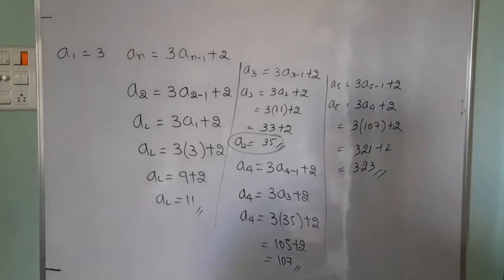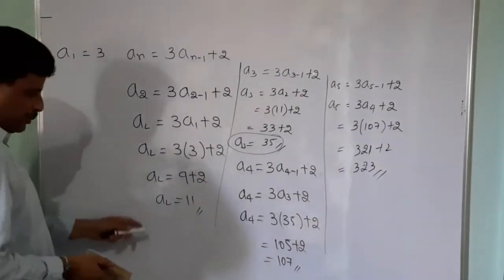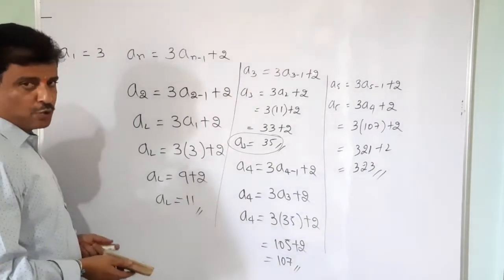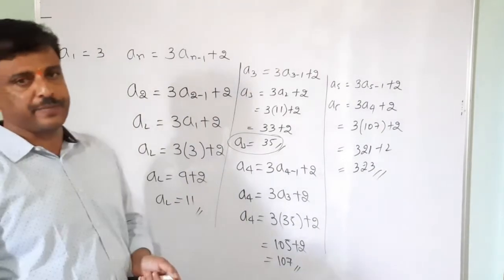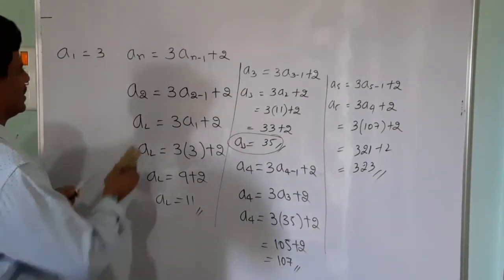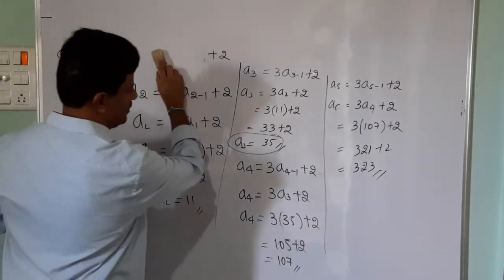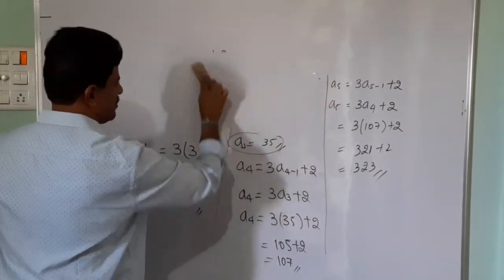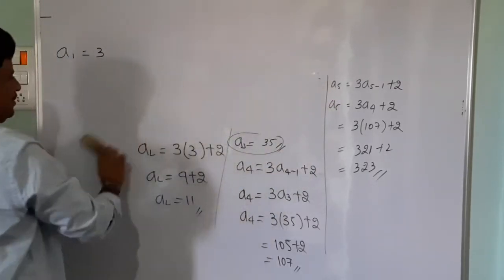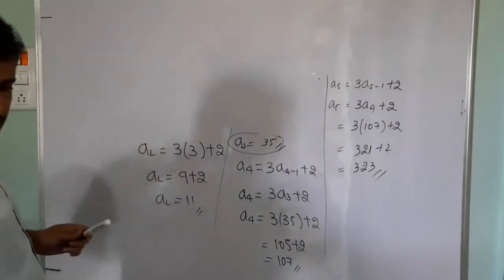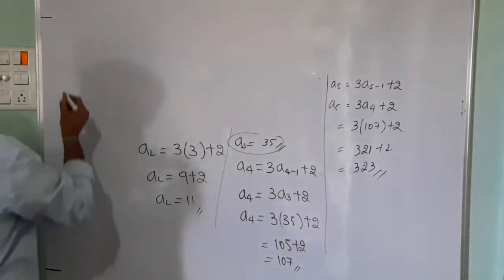So next continue this problem. Find the series, A1 plus A2 plus A3 plus etc plus An. First A1 is equal to 3.